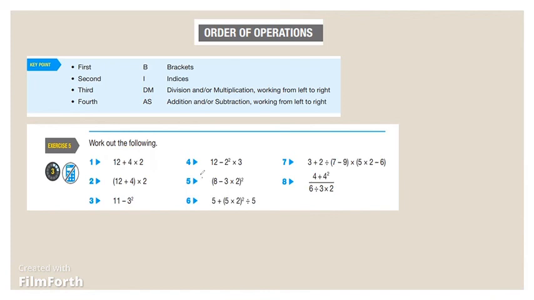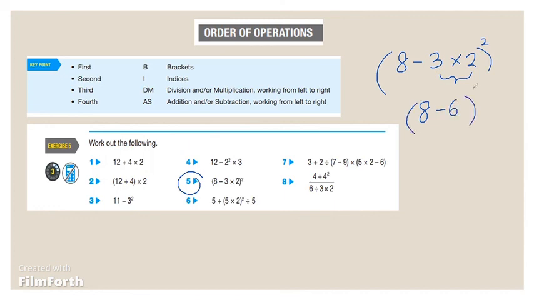Now see, I'm going to do this one. My question is 8 minus 3 times 2 squared. According to BIDMAS, we know that we have to do the multiplication first. Then 8 minus 3 times 2 is 6.